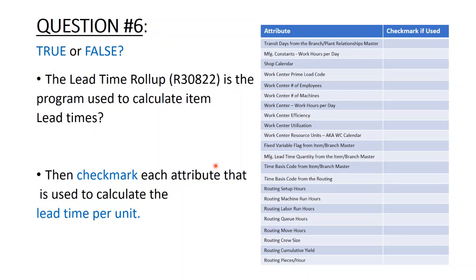True or false? The lead time roll-up program, R3822, is the program used to calculate item lead times. False. This is kind of a quick trick question. It's R3822A. Then checkmark each attribute that is used to calculate the lead time per unit.